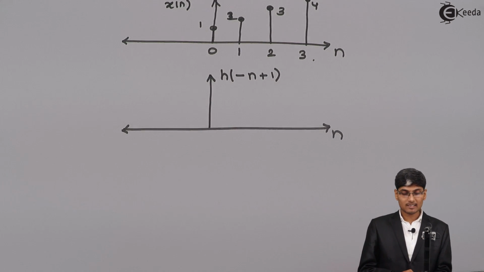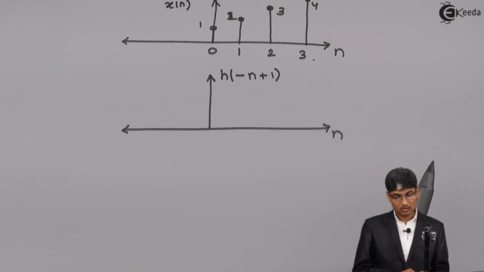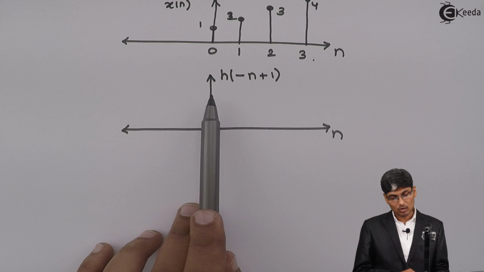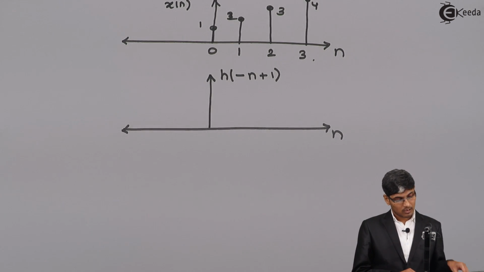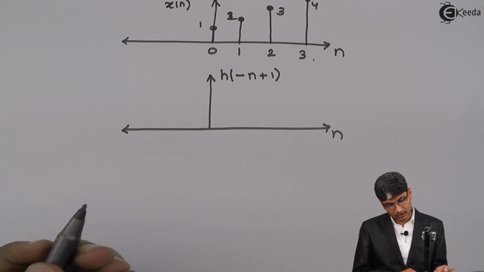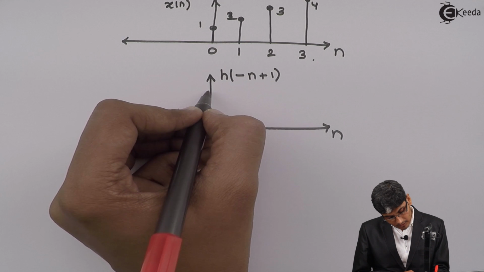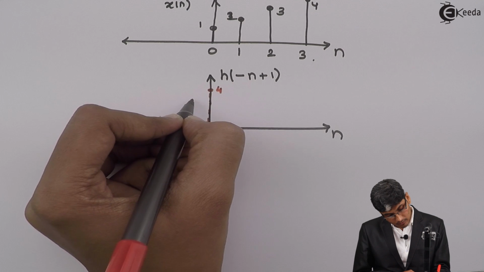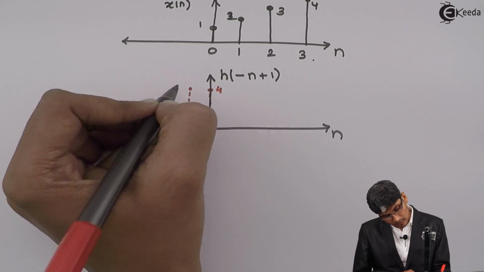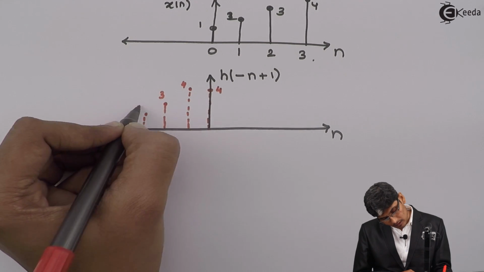So, h of minus n plus 1 is shifting the signal to right. So, initially my signal was 4, 4, 3, 2. So, I will draw in dotted the initial signal, that is h of minus n. So, minus n was in dotted, this is 4, 4, 3, 2.